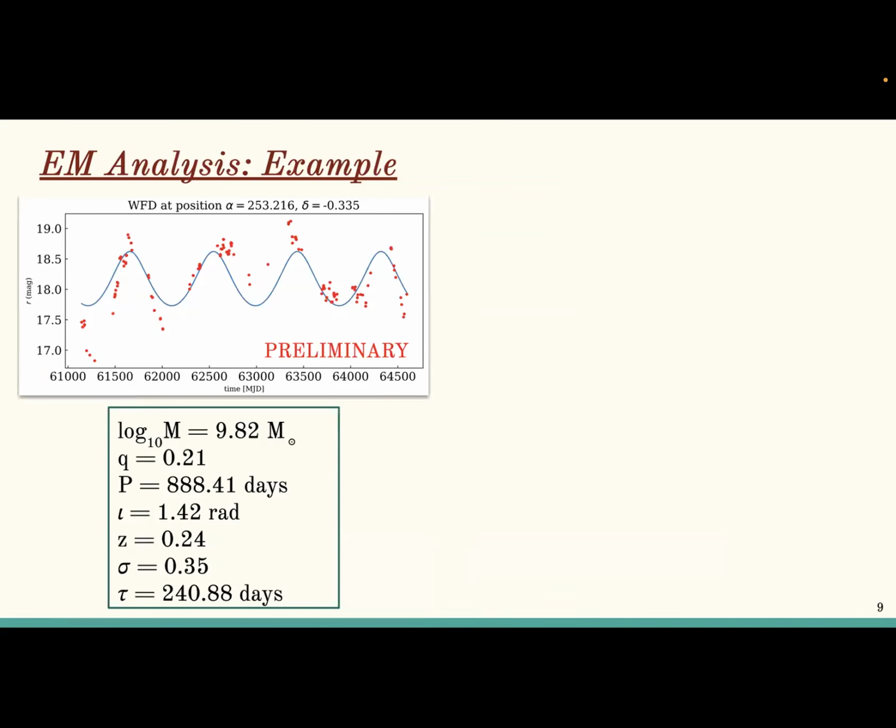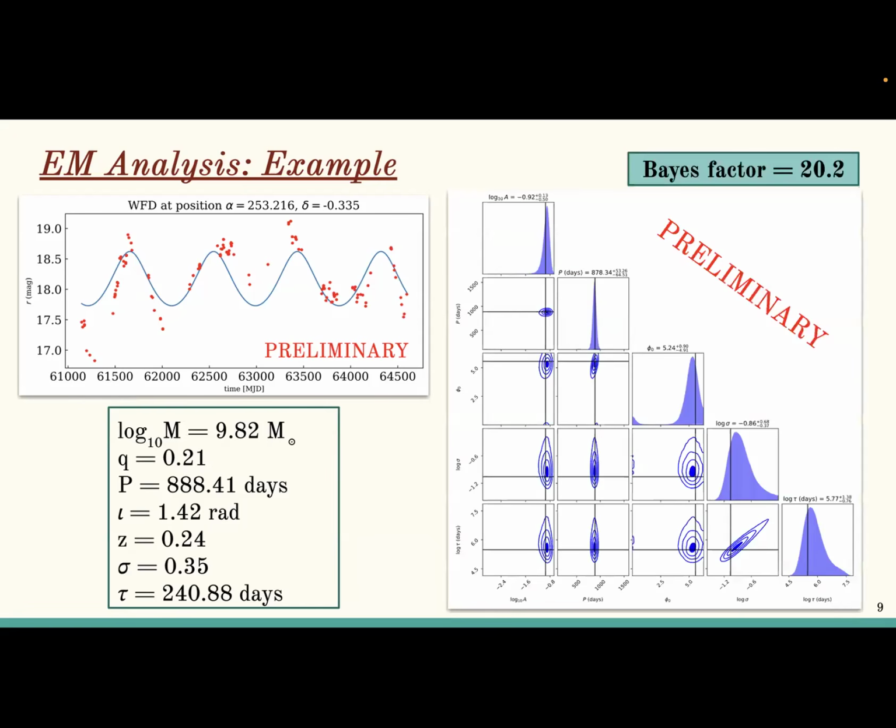Now this is an example of the electromagnetic analysis, and this is how the LSST light curve will look for this kind of parameters. We used a nested sampler to detect this binary along with the damped random walk parameters. What you can see here is the corner plot of the different parameters.